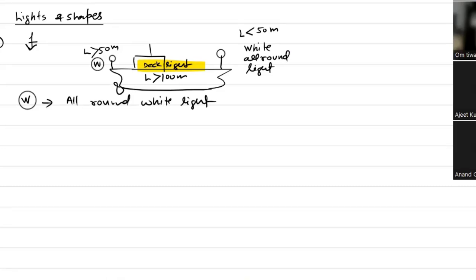The day shape is one black ball forward, sir. Correct, the anchor ball. It doesn't say less than 50 meters, more than 50 meters, or 100 meters. It's just the anchor ball. Clear? Yes, sir. Now we'll come to the second, vessel aground.